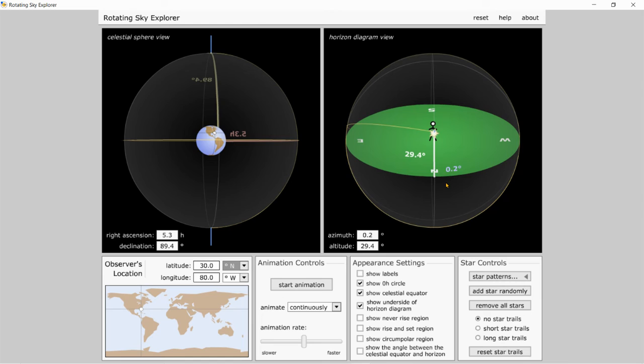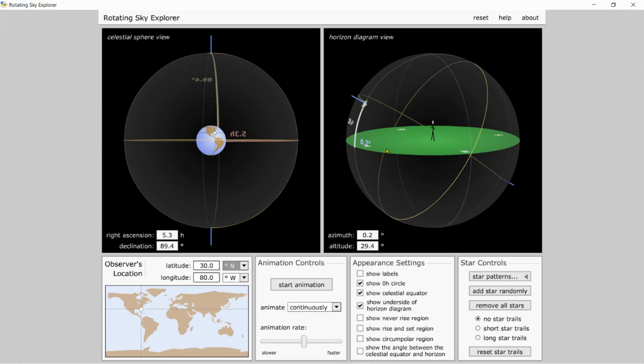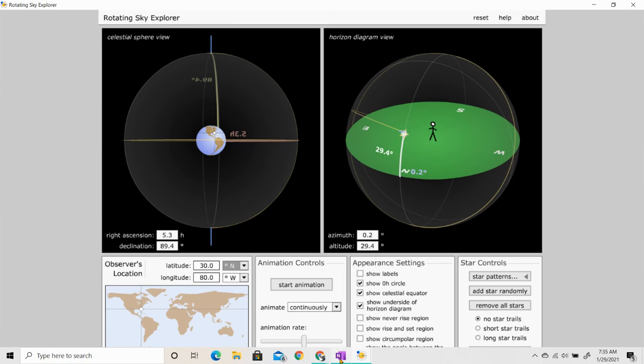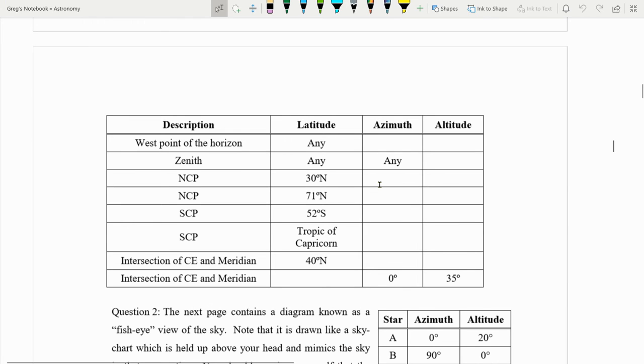And here I have 0.2 degrees. It should actually be 0 or 360, but we're close enough. 0.2 degrees on my azimuth, and my altitude is 29.4 degrees.